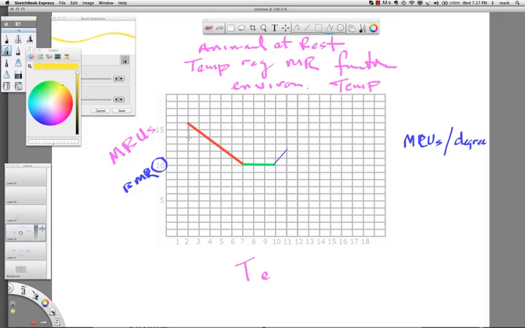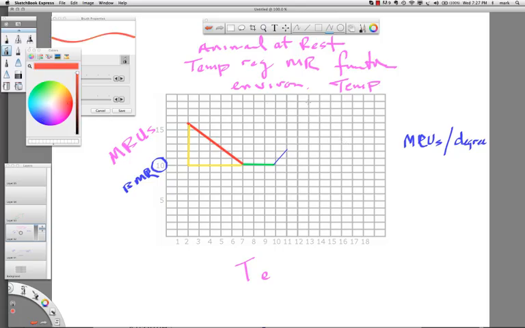That's from 16 down to 10, so that's 6 metabolic rate units. 6 metabolic rate units is the cost for maintaining body temperature when the environmental temperature is 5 units below the thermoneutral range. So what have we got for our cost of heating?